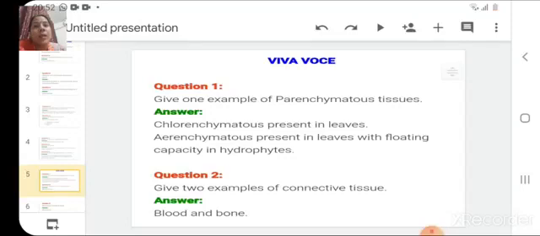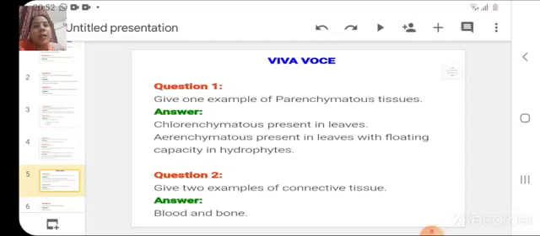Now the next question is, give two examples of connective tissues. The very good and easy example is blood and bones. Now moving on to the next question, name a fluid connective tissue. Bones are not fluid connective tissue. So here your answer will be blood and lymph. Now moving on to the next question, name the simple permanent tissues of plant.